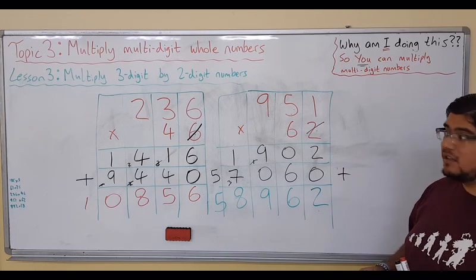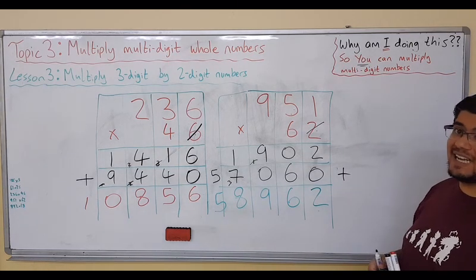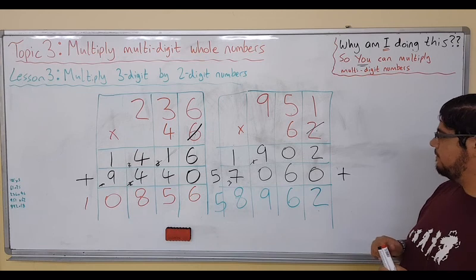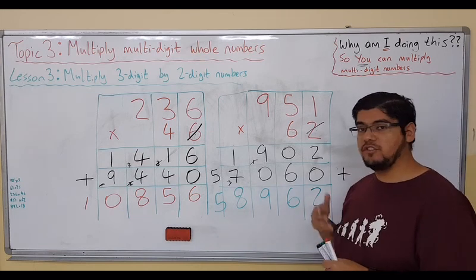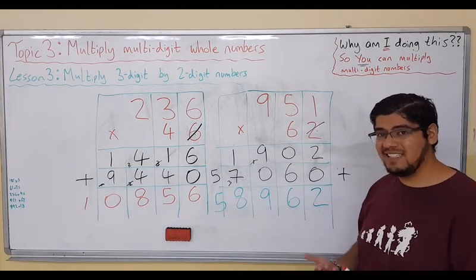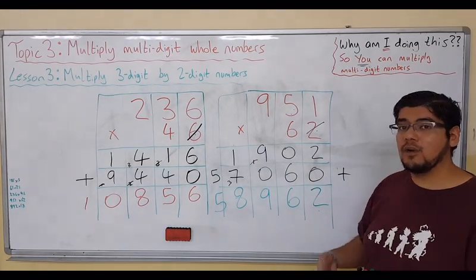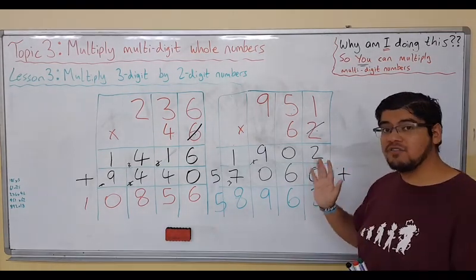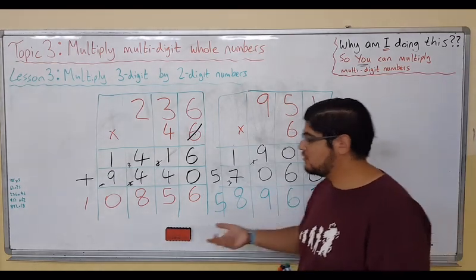Okay? Final answer, 58,962. Okay? So, you see guys, with practice, you should be able to do it that quick. And the boxes really help. Let's just do one more.